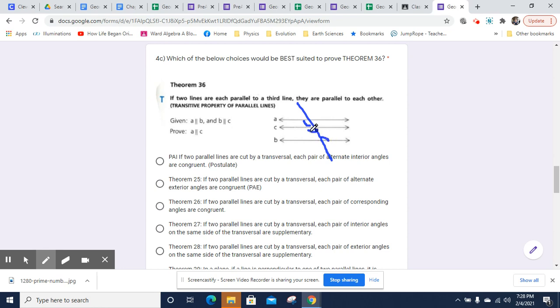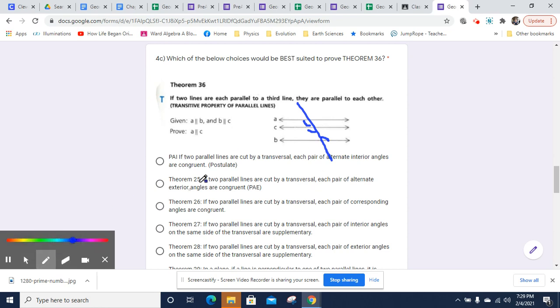Now this angle is congruent to this, but this angle is congruent to this, and now you've got a transitive property thing that says that these two corresponding angles are congruent. And then we could prove that A and C are parallel because we have Theorem 26, each pair of corresponding angles are congruent.